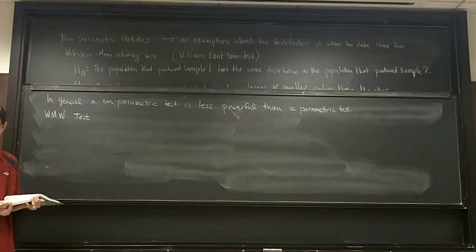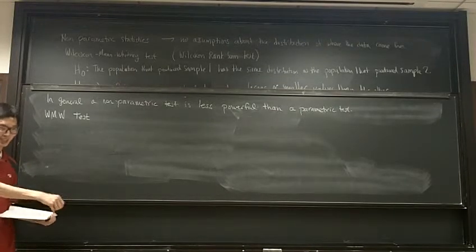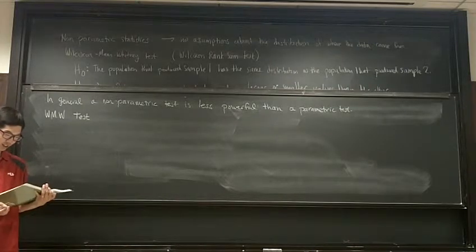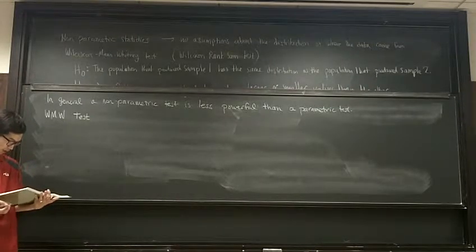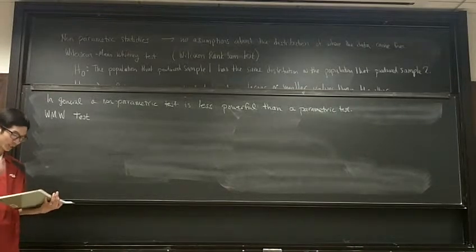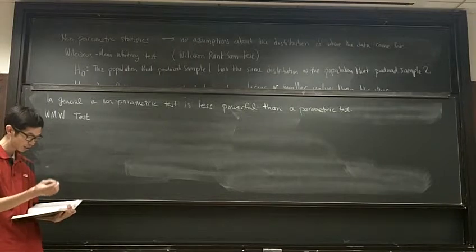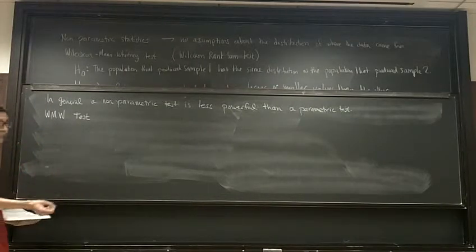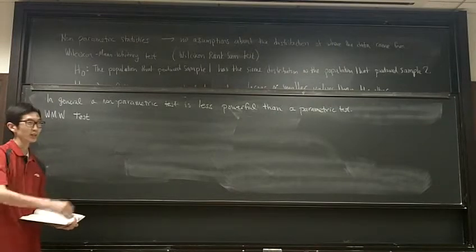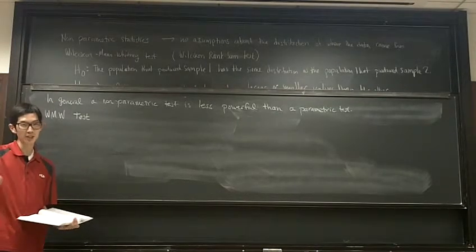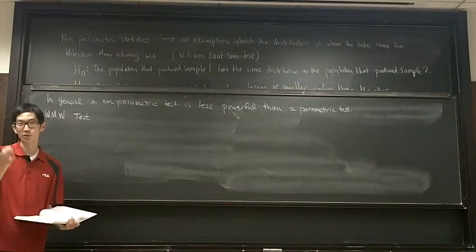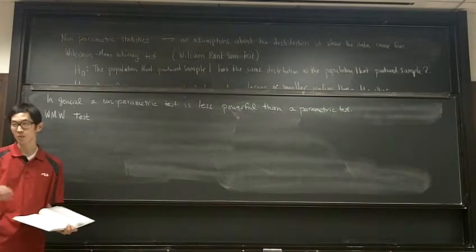I don't even know what that means, but apparently you look at some sample of soil and you see how much carbon dioxide it gives off by a soil pore. Somehow we can do this, and we go to two different regions in the forest. One is where there's a lot of things growing, and another region is a little bit more barren. And we want to know, is the soil respiration different between the two groups?